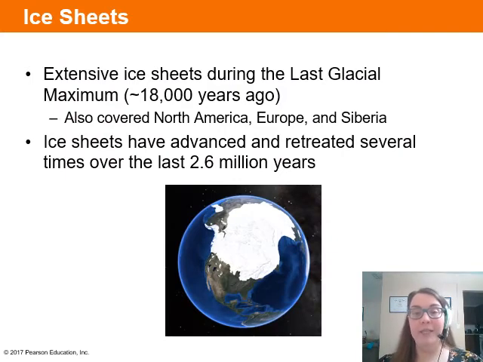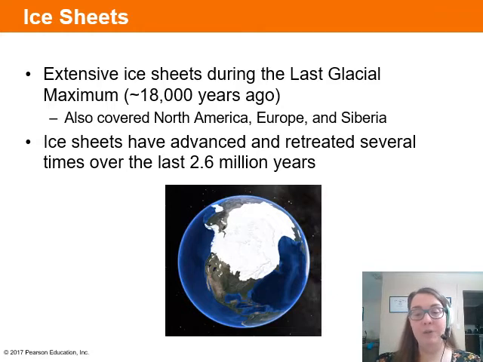But these ice sheets are going to be really important when it comes to our global climate around the planet. So we saw our last glacial maximum. The last time that we had a lot of ice sheets covering our planet was about 18,000 years ago. And here we can see an image of North America.